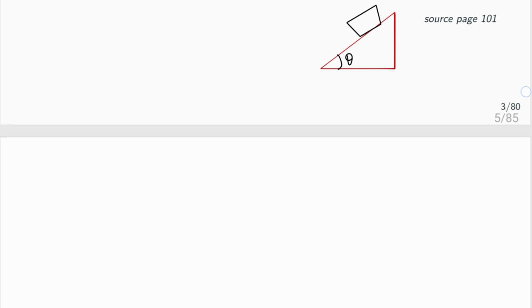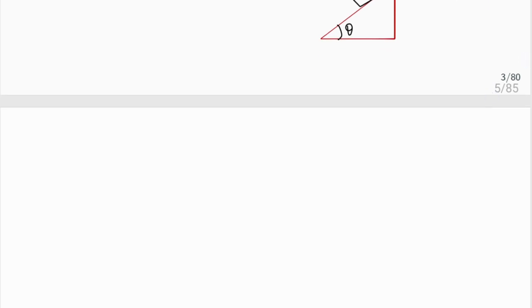So for the first part, let's make the free body diagram of the block in the next page. So this is the block, and the force that is acting will be mg downward, and this angle is the angle of the wedge. So this angle is theta, so this angle will also correspondingly be theta.